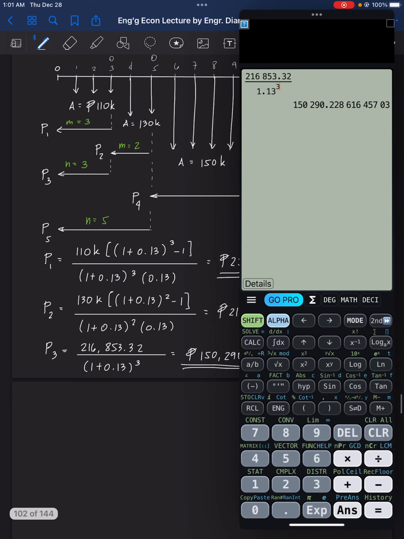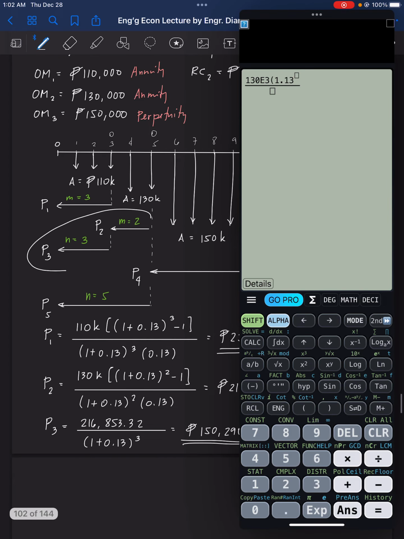But if we use the deferred annuity formula, so that is 130K, 1.13 raised to how many annuity? So if we're using the deferred annuity here, our M is equal to 2 minus 1, and then the denominator is 1.13 raised to 5.